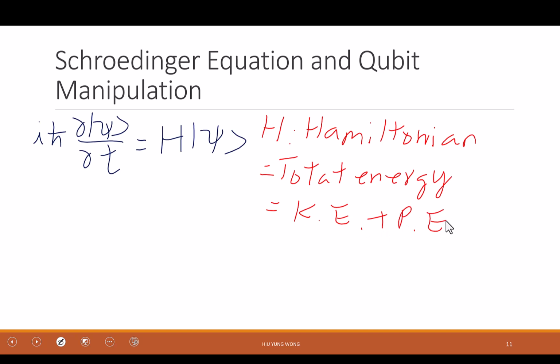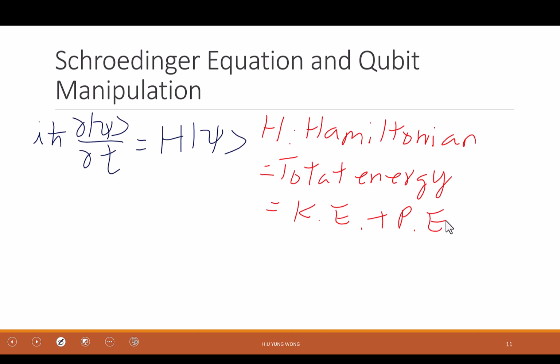It's not surprising, right? How the particle changes of course depends on the energy landscape. Just imagine you have a roller coaster and then the cart is the particle. How the state is going to change really depends on how the track is laid out, right?